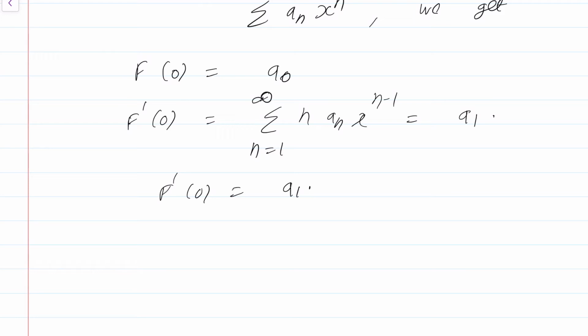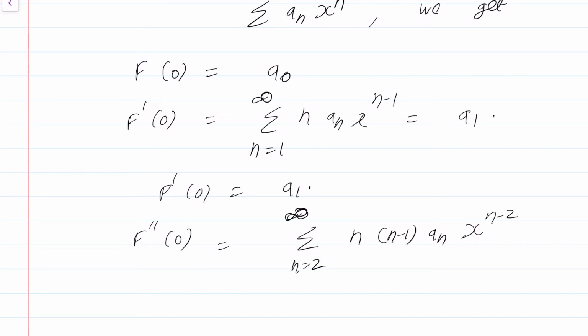Well, what about f double prime at 0? Well, that's just summation n equals 1 to infinity n into n minus 1 into a_n x^(n-2). So this is actually n equals 2 to infinity.